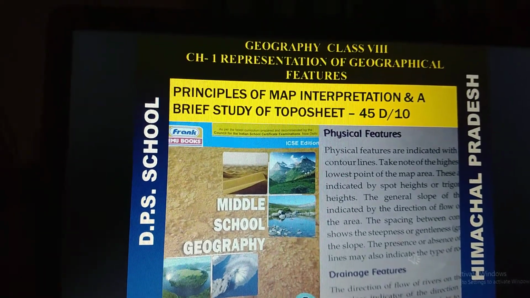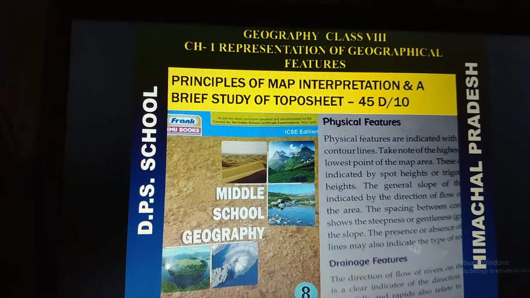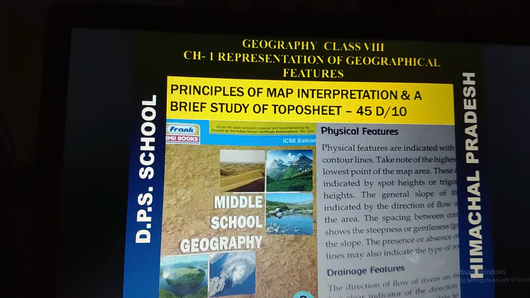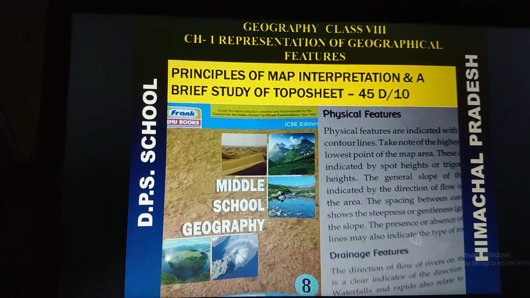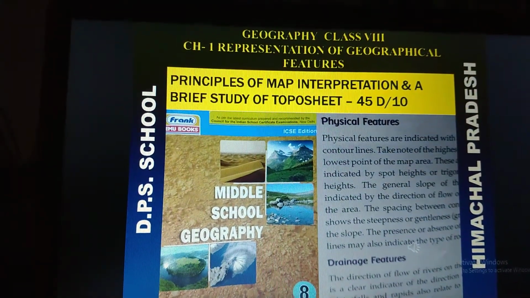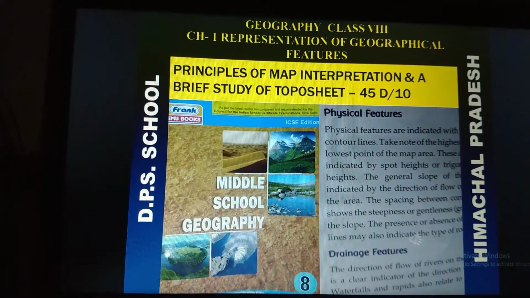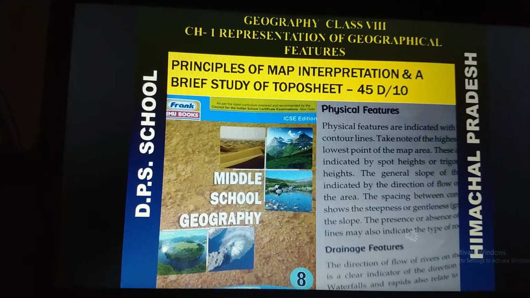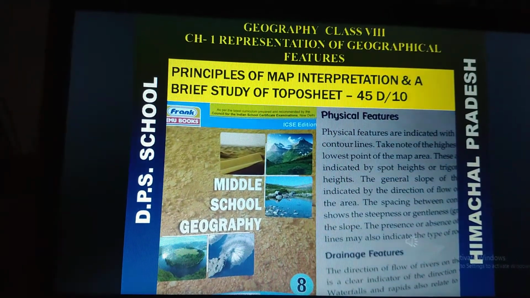And then we can see the presence of tanks, dry tanks, and perennial streams. The dry streams relate to the climate of the area, and we can also understand that wells, irrigation dams and cultivated fields indicate that they may be used for irrigation. So this is what we understand by drainage features.